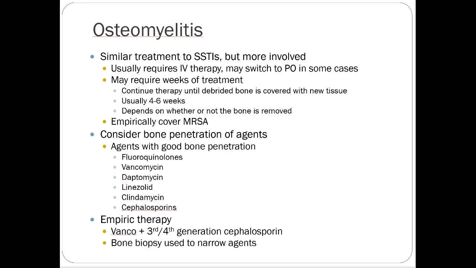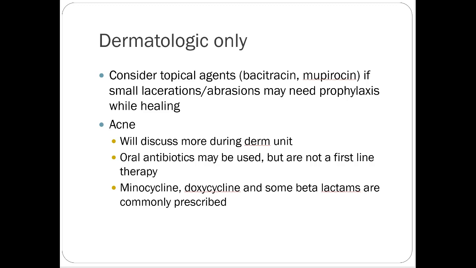So usually what we start with is vanco plus ceftriaxone, or you could even go a little broader spectrum if you wanted and do like a cefepime. You don't really need to cover anaerobes in an osteomyelitis. It'd be odd to need that, but yeah, I'll leave it at that. And then bone biopsy is sort of the gold standard for figuring out what is actually growing on the bone, and that would be how you'd narrow therapy off of.